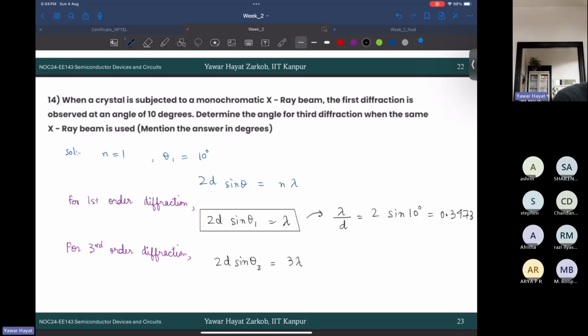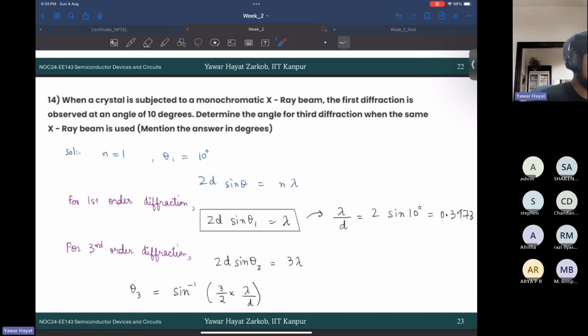So theta 3 would be sine inverse of 3 by 2 into lambda by d. Just mathematical juggling. Put the values; lambda by d you already know. Compute the sine inverse of that and report theta 3.